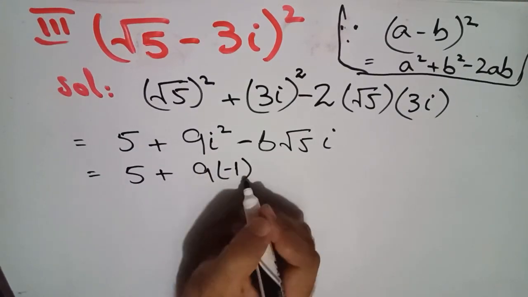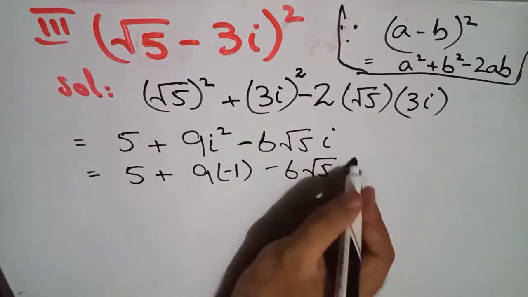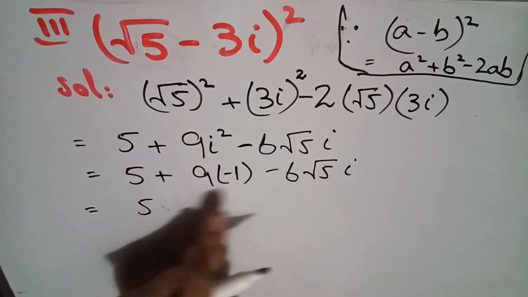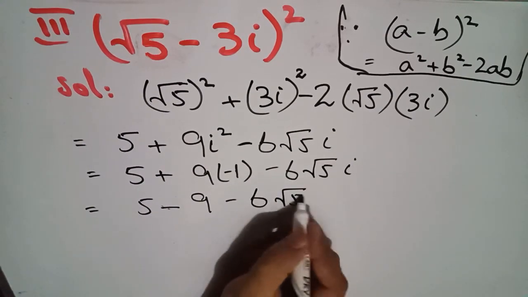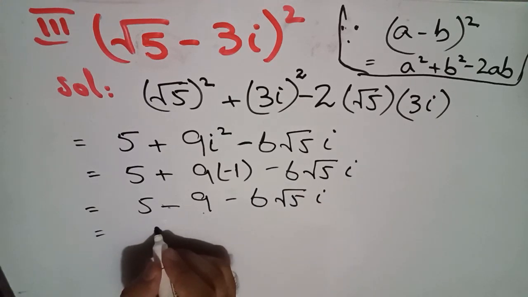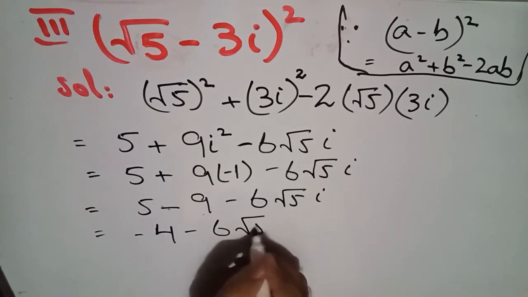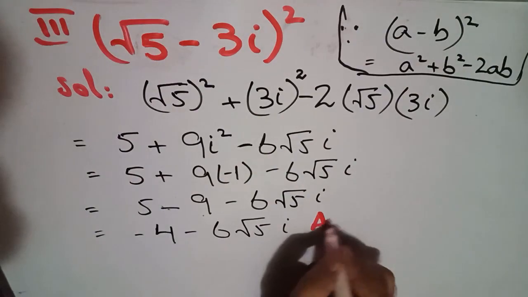By putting the value of the iota square, minus 1, minus 6 under root 5 iota, 5 minus plus minus 9 minus 6 under root 5 iota. So 5 minus 9, we can get minus 4 minus 6 under root 5 iota, and it is the answer.